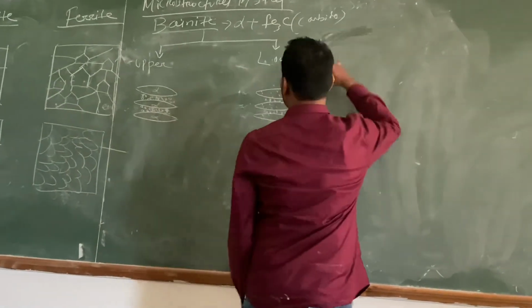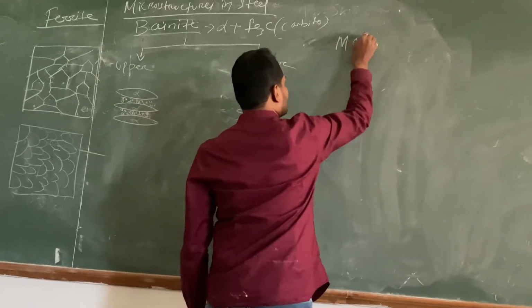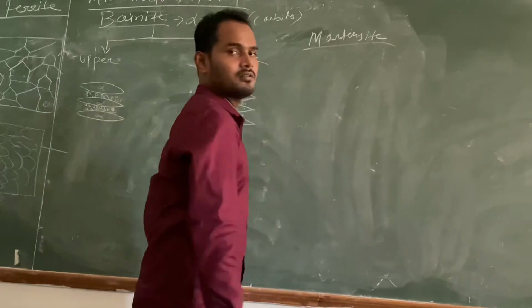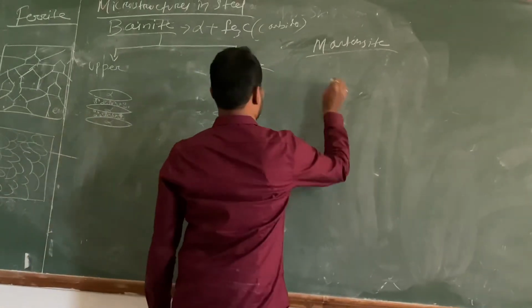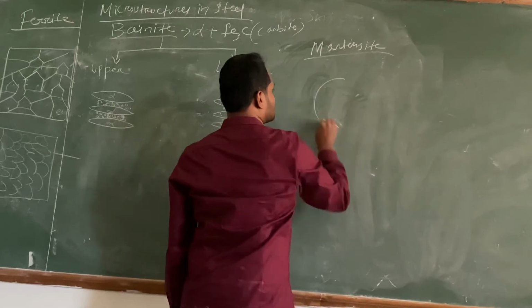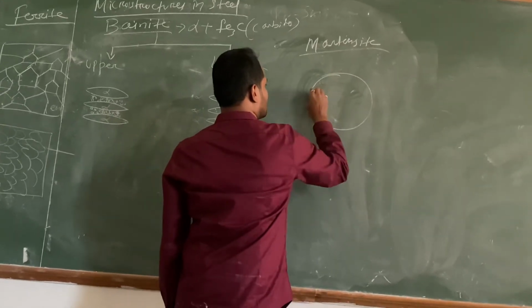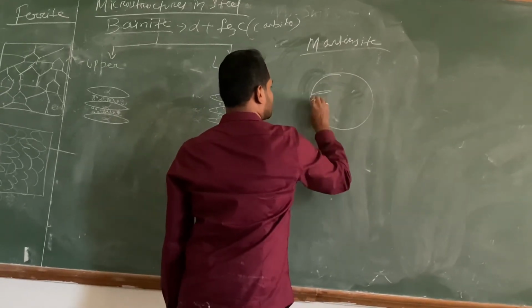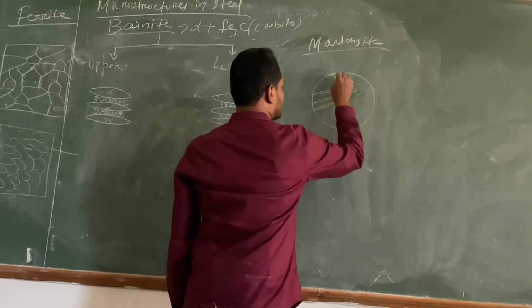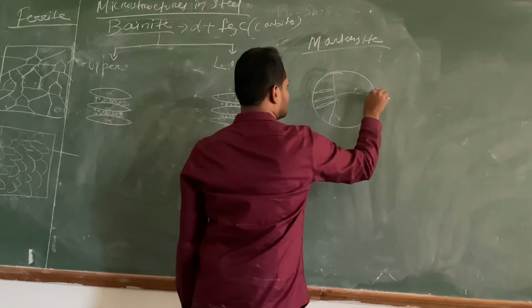Similarly, then martensite. Martensite is not easily visible. It is more finer, more finer. So it will be like lenticular shapes. Suppose this is one grain boundary.